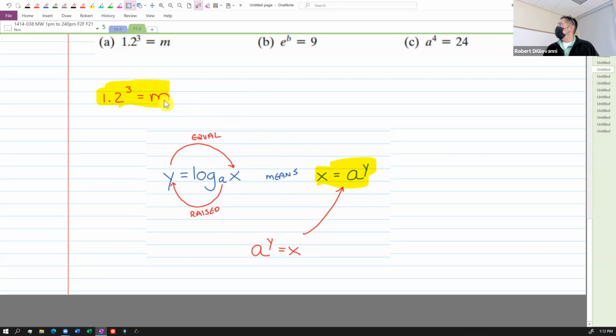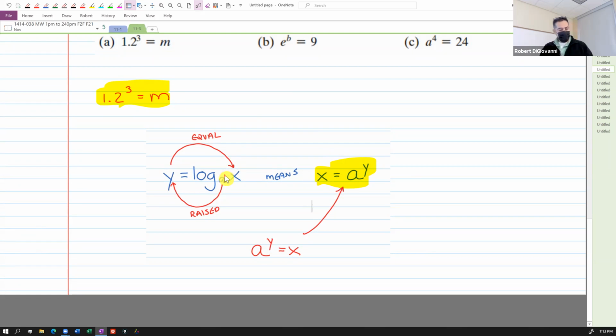We have some number, in this case the x is like the m, the a is the, what for us? The 1.2, and then the y is the 3. You all see that? I want to convert from here to this.